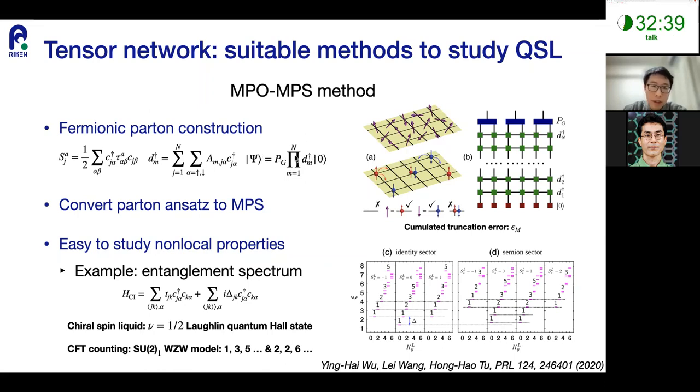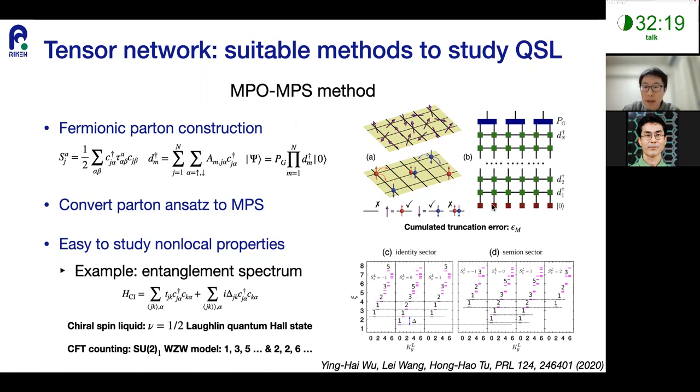We can use this parton ansatz to understand the physics of the original correlated spin system. So the MPO-MPS method gives a way to convert this kind of parton ansatz to an MPS.